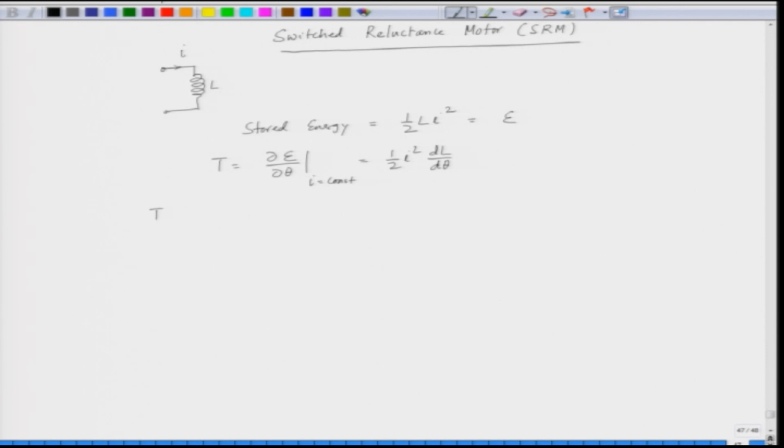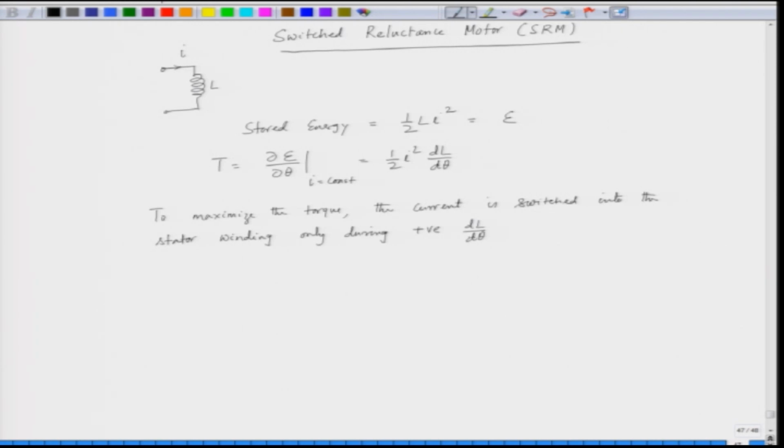In this case, to maximize the torque, the current is switched into the stator winding only during positive dL by d theta.